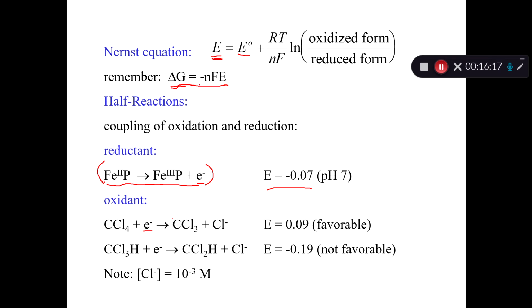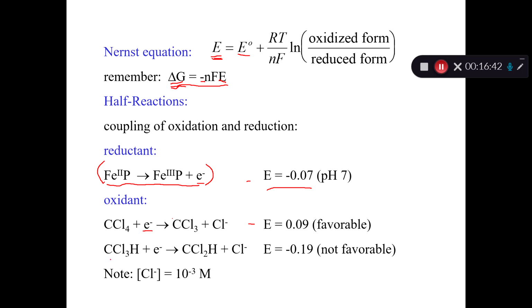Because remember, E is the negative of delta G. So delta G being negative is favorable, but E being positive is favorable. So if I couple this reaction with this reaction, I add these two redox potentials, I get plus 0.02 volts, and that's favorable, and that is a spontaneous reaction that can go forward.